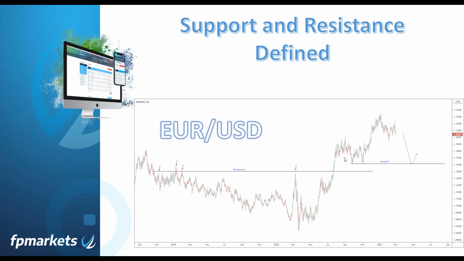So when, or indeed if, the pair returns to this point, we could actually see a reaction form, as this was an area where buyers were active in the past. In fact, for those who follow chart patterns, you will note that this was a near textbook double bottom pattern, which worked out beautifully.